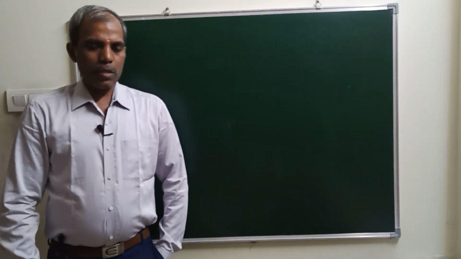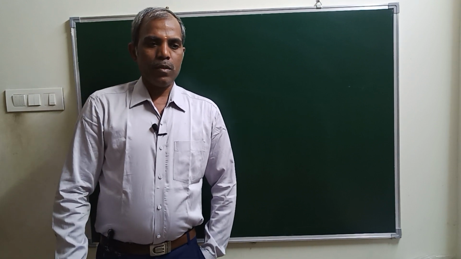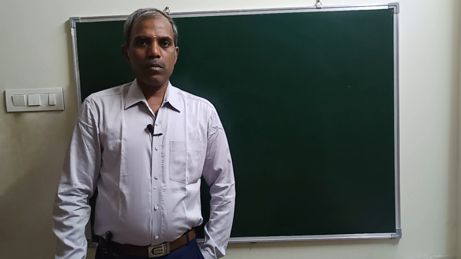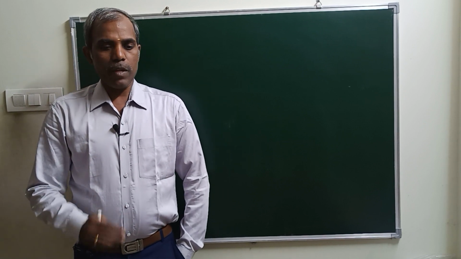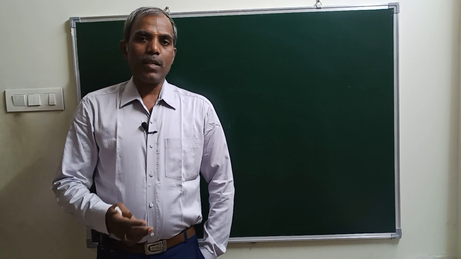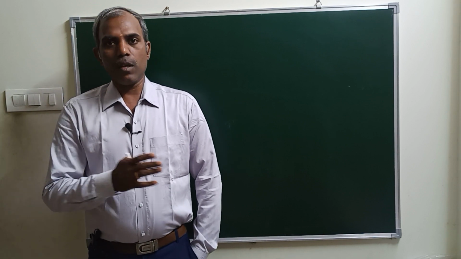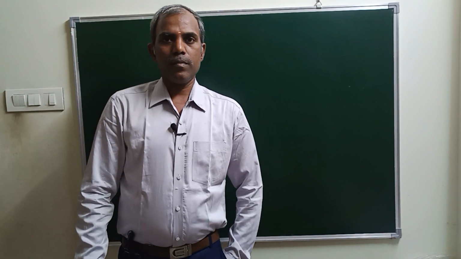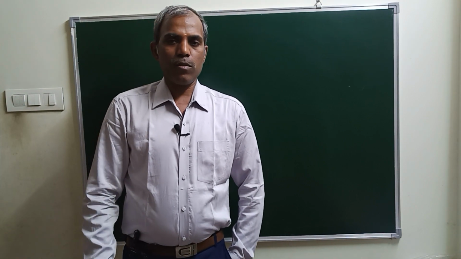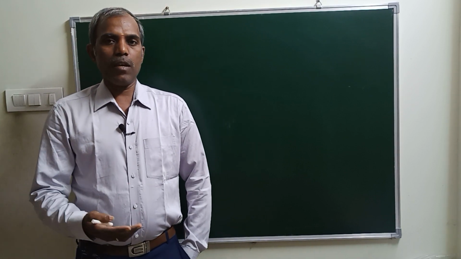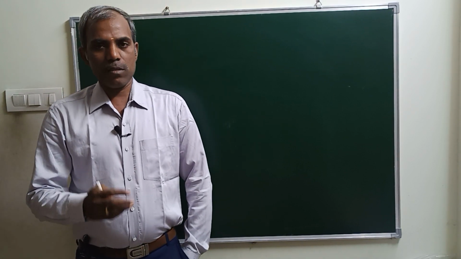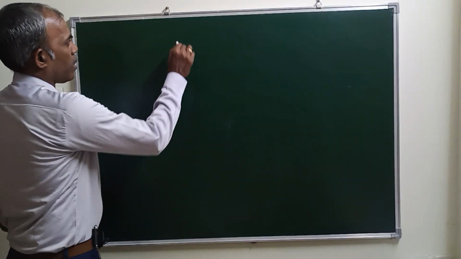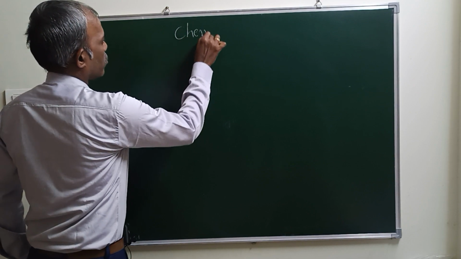So here in this chapter, we are going to learn how bonds are formed between atoms of the same element, what type of bonds one can observe between the molecules, the shapes and geometries of the molecules, how they behave in different physical states, etc. So today's chapter is chemical bonding and molecular structure.